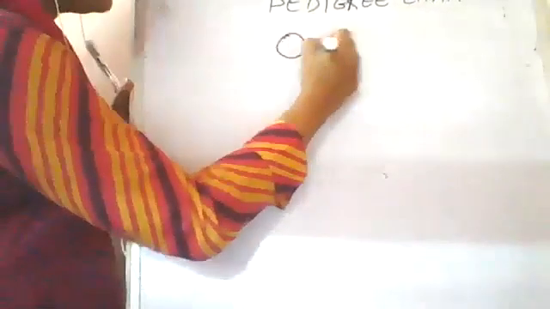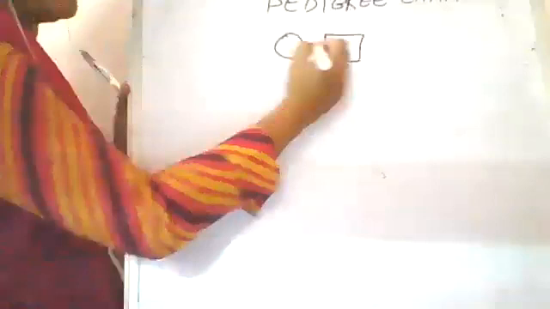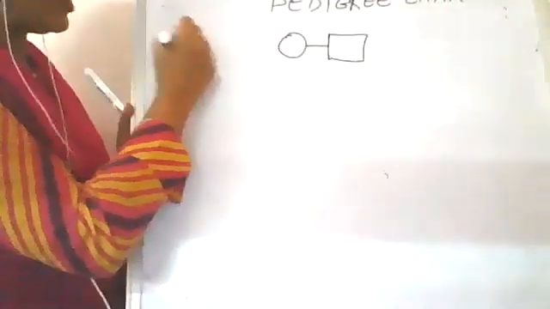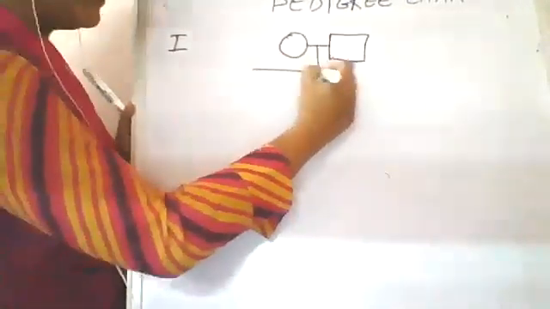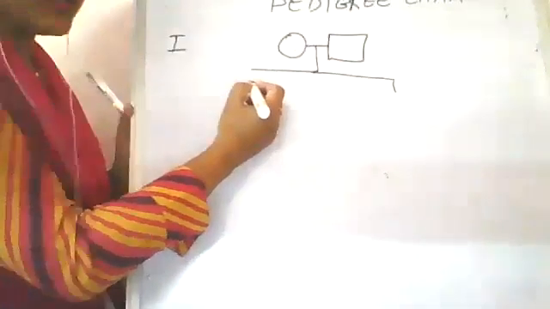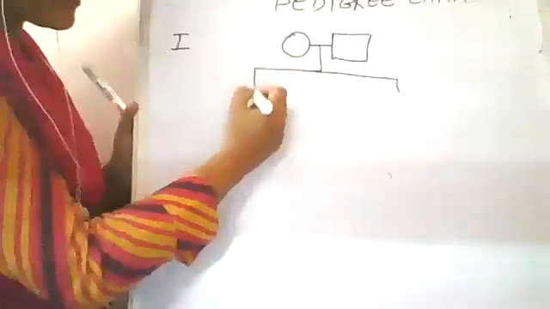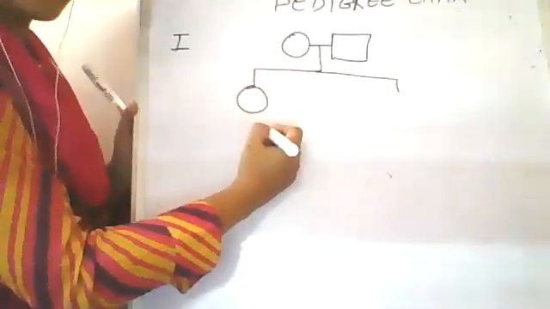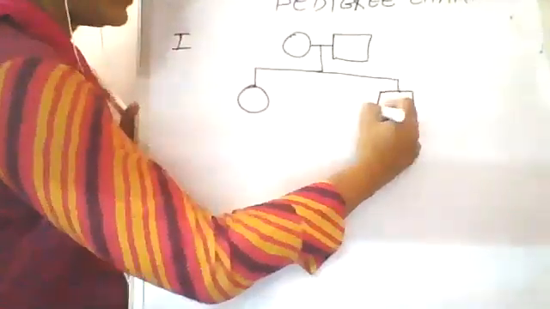Tell me, starting from your grandfather. So first I'll draw your grandmother and grandfather. How many children did they have? 2. So this is the first generation. They had 2 children. These children were male or female? The elder one was female, and the second is my father, male.